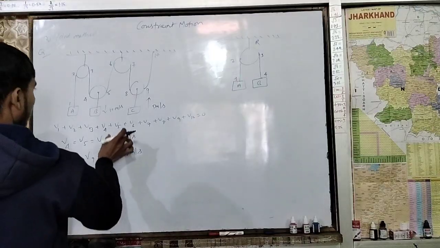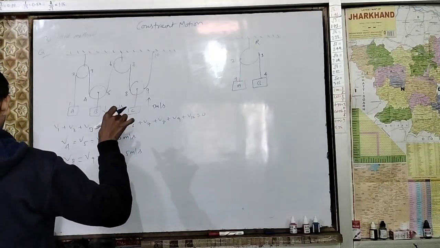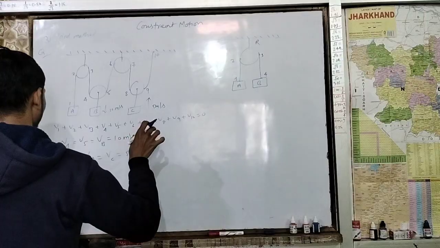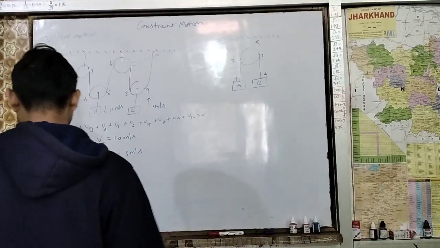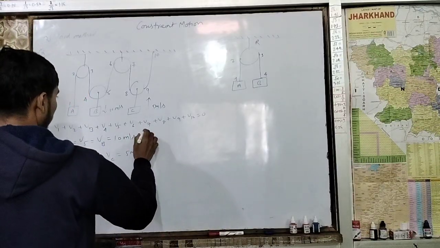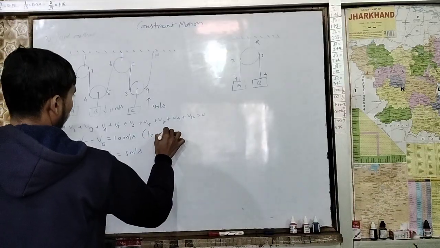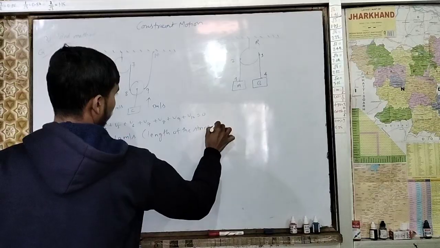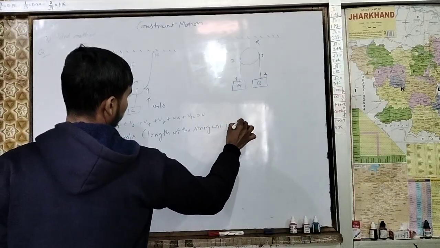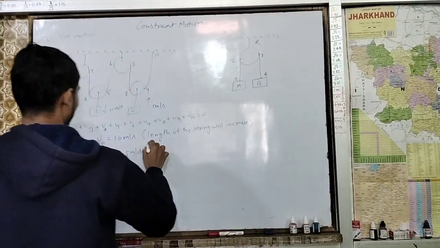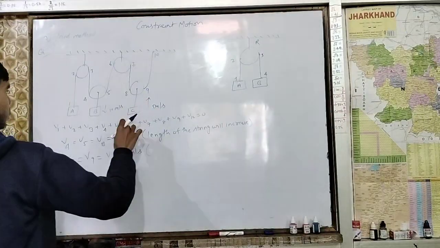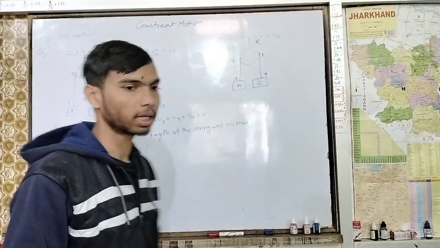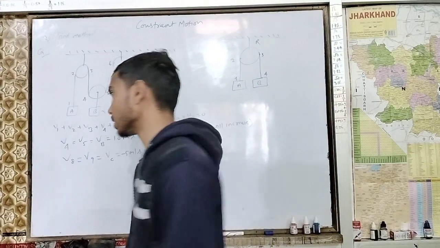Here, this 10 was positive, so that's why length will increase over here. Length of the string will increase. Okay, negative sign upward. You are considering downward as a positive and upward as a negative.